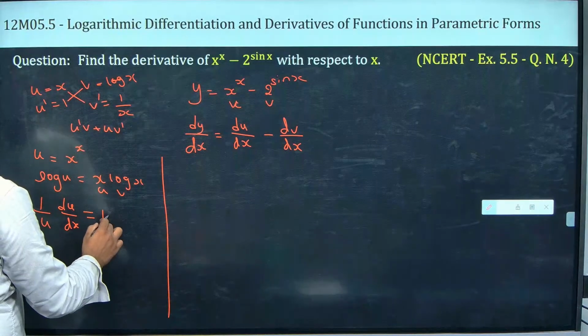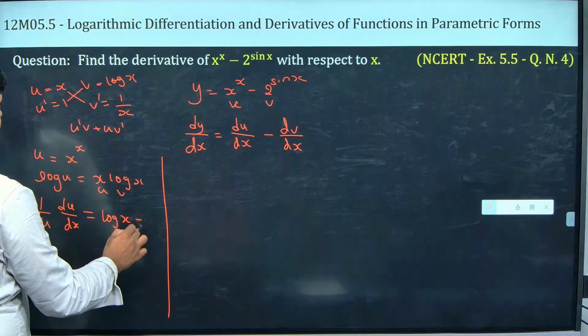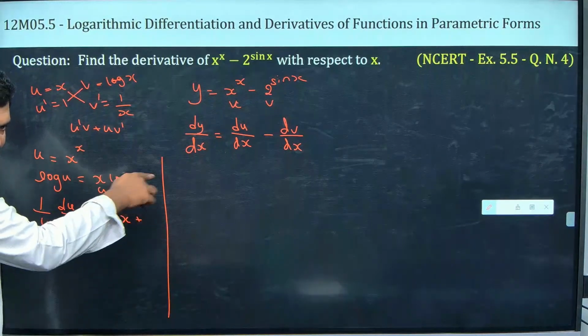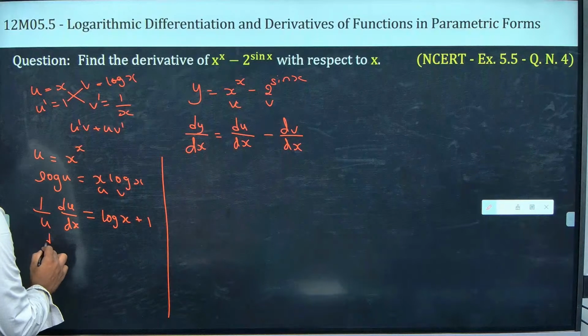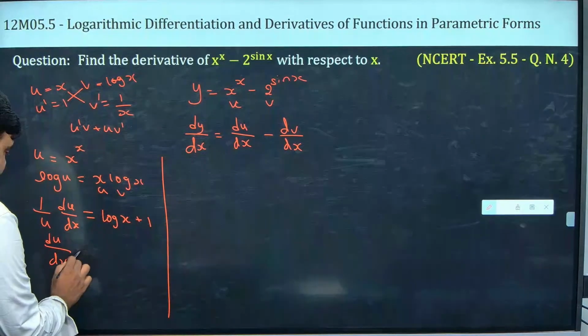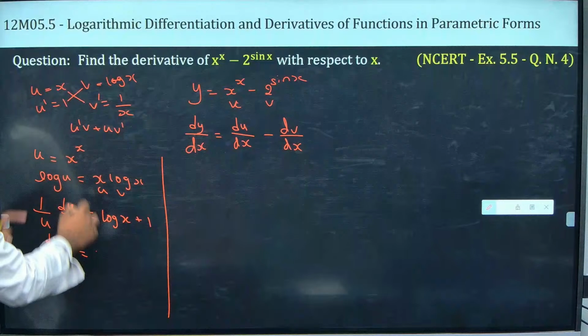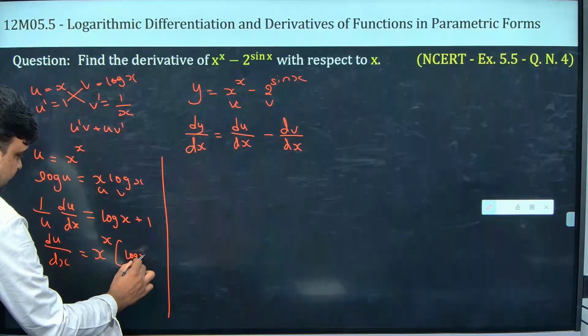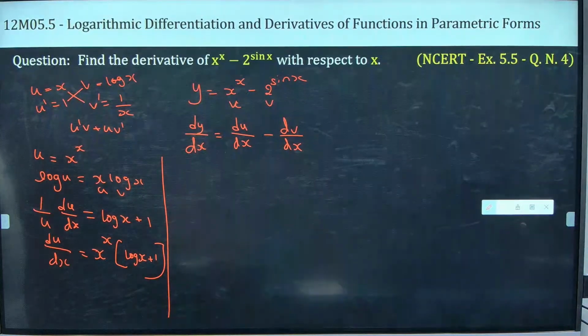Log x plus 1, because x dot 1 by x, the x gets cancelled. And du by dx will become u into, what is u? x power x. So x power x into (log x plus 1). Is that clear?